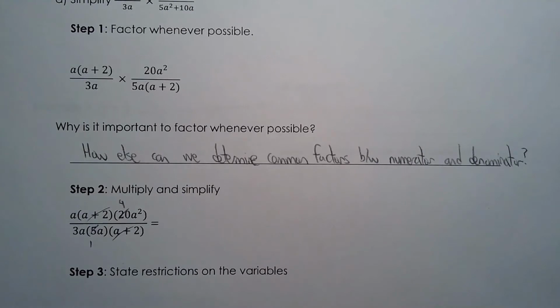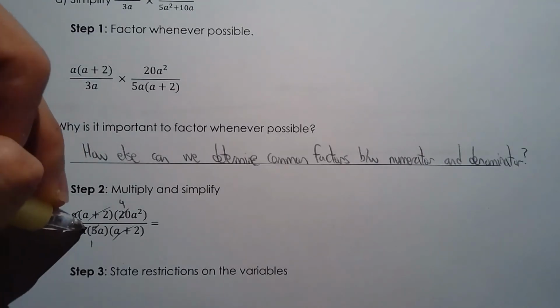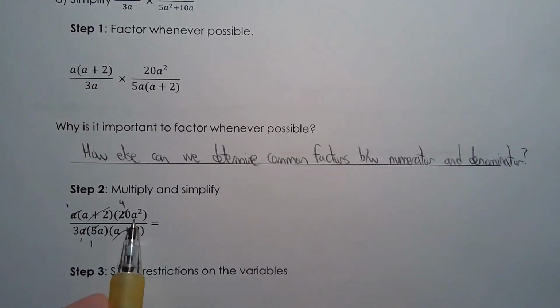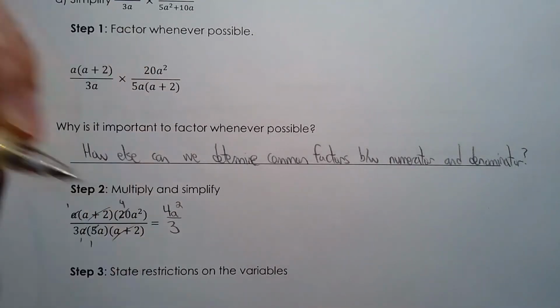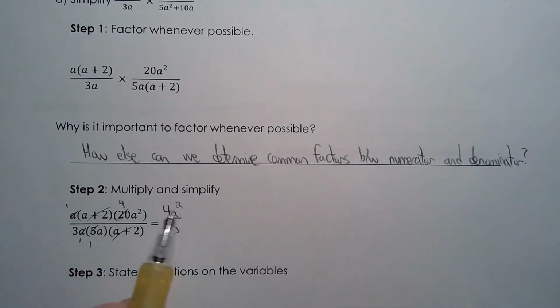All right, so we have 4a squared left in the numerator and 3 left over in the denominator. 4a squared over 3. Okay, and if there's ever common factors left over, it's okay. Just take another step. If you miss a common factor, that's fine. But anyways, in this case, it is 4a squared over 3.